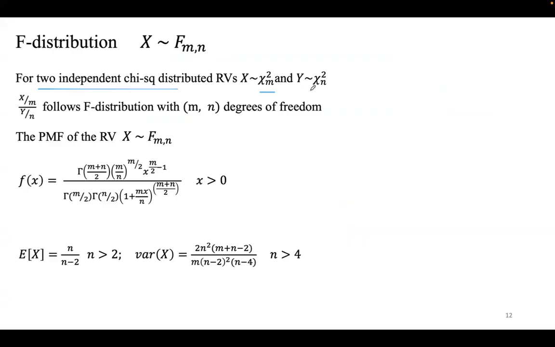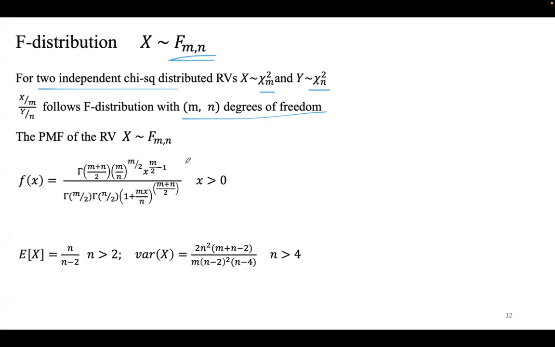We'll just call them x and y, which have different degrees of freedom. So now x over m, so x divided by its respective degree of freedom, divided by y divided by its degree of freedom, follows F distribution. And now F distribution has 2 degrees of freedom, because you start off with 2 different degrees of freedom, and you denote it with F and m comma n.